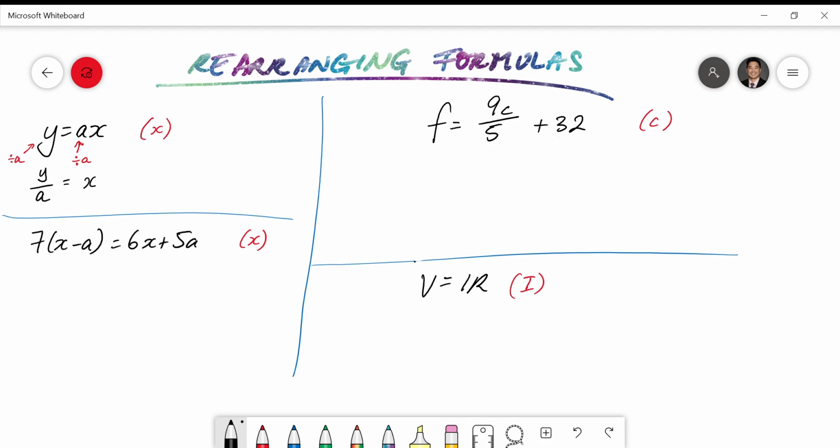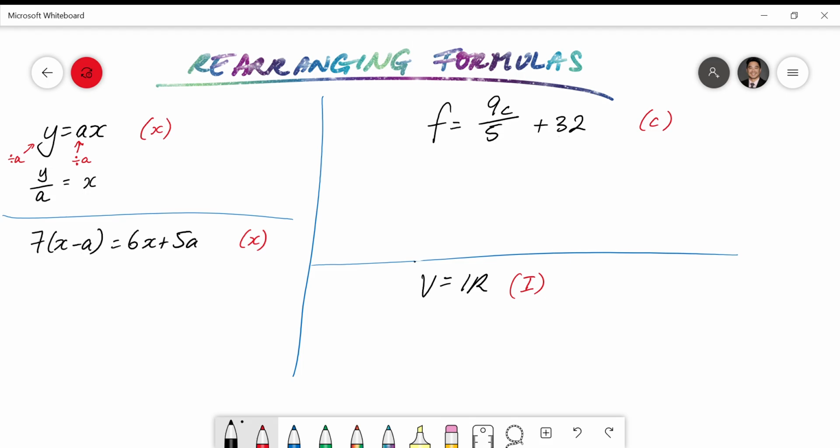Dividing both sides by a leaves x on its own, and we've rearranged the formula so we know what x is equal to. Something just as similar, we've got v equals ir on the bottom right, and in the red it's just the assigned pronumeral that we want to isolate.